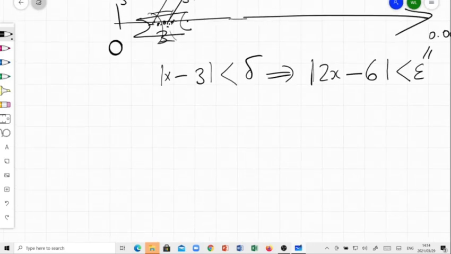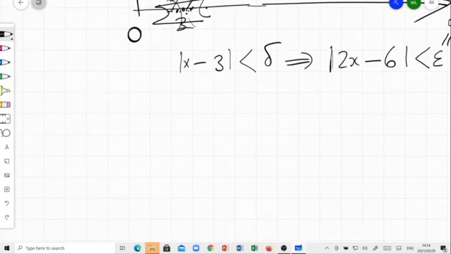This is the idea of staying close to. So basically you rise to the challenge of whatever space that 6 needs. If 6 needs a large space, then you rise to the challenge. If 6 needs a close proximity to it, then you rise to the challenge and give x's that stay within that close proximity of 6.